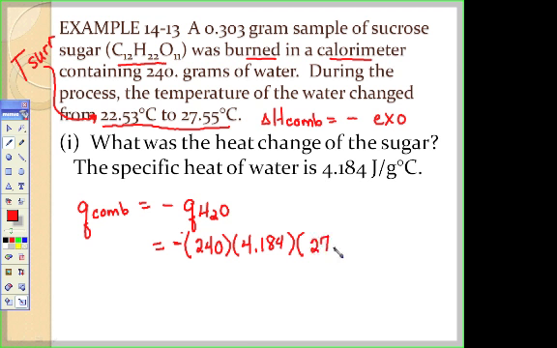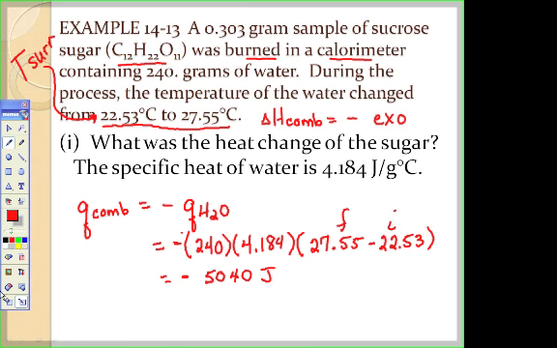So it's 27.55 minus 22.53. Final minus initial. And if we do that, we do end up with a negative 5040 joules as the delta H of combustion for the sucrose.